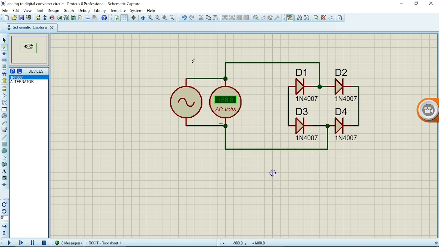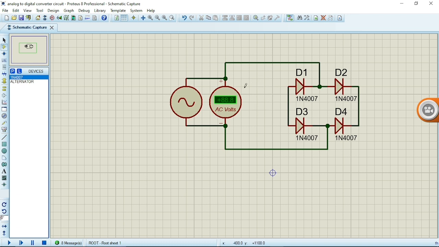Alright, these are what we need, and some of you might be asking why we need a bridge rectifier. Actually, bridge rectifier only allows the positive part of the AC voltage or current to pass, and that's why I use bridge rectifier. It will allow the positive part of the AC voltage to pass.